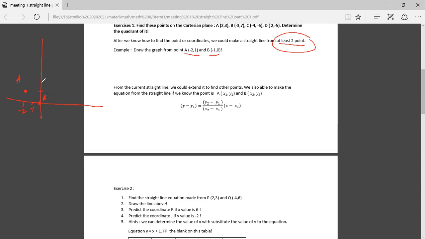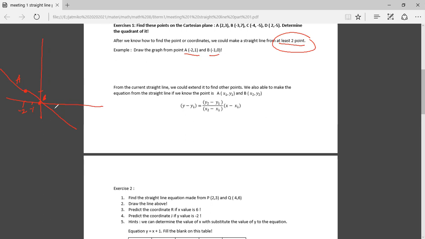What we can do, we just need to connect them to make a line. We can extend this line into an infinite line, and then from that straight line we could extend it to find other points.